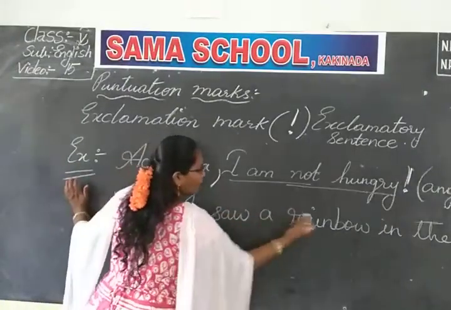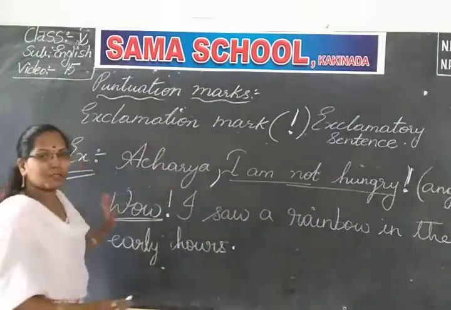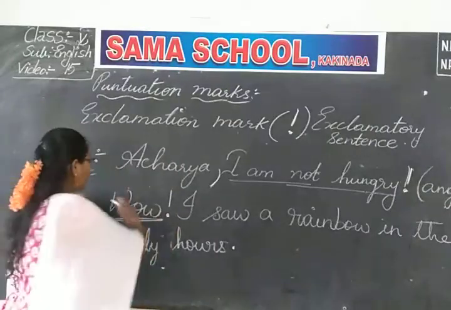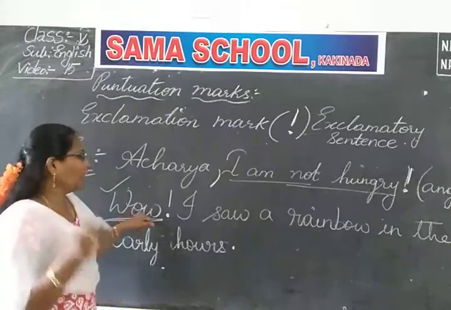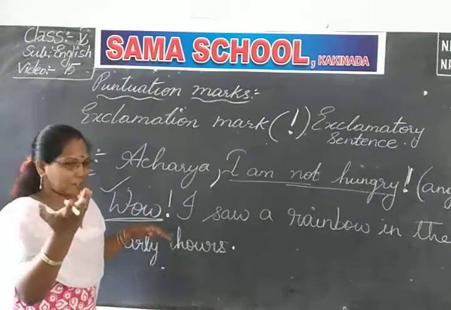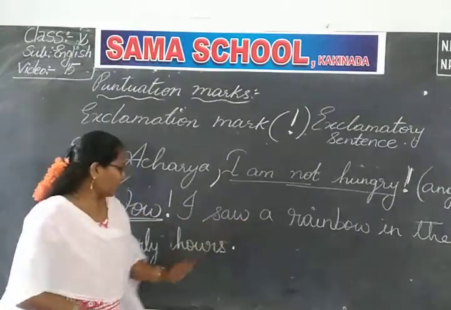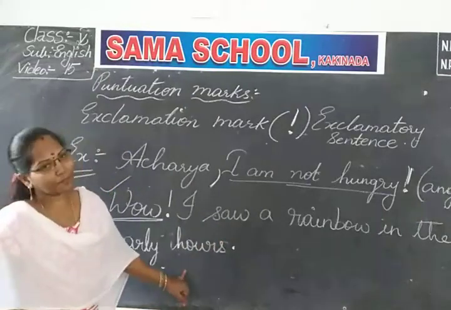I saw a rainbow in the early hours. What is the reason for the expression wow? The expression wow is expressed because you saw a rainbow in the early hours. Okay children?